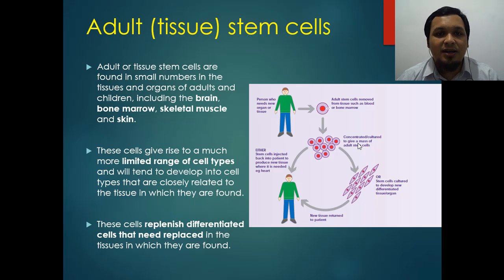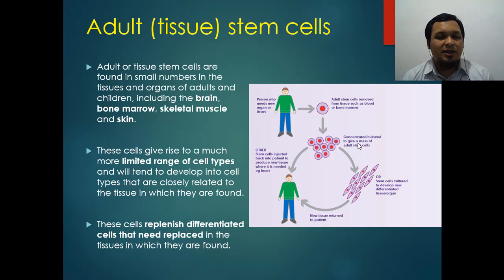Now we have another type. We call it adult stem cells. The adult stem cell is found in a number of tissues in our body, and it could be found anywhere, like in our brain, bone, skin, skeletal muscle. The ability of this adult stem cell is a bit limited because they have differentiated before.